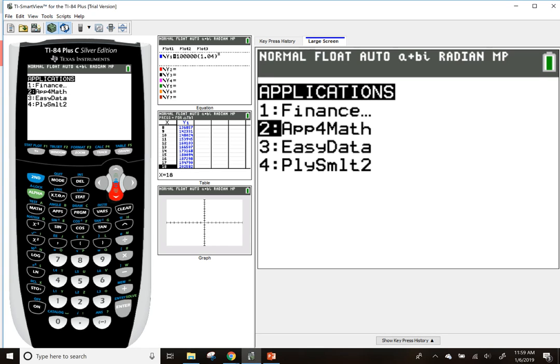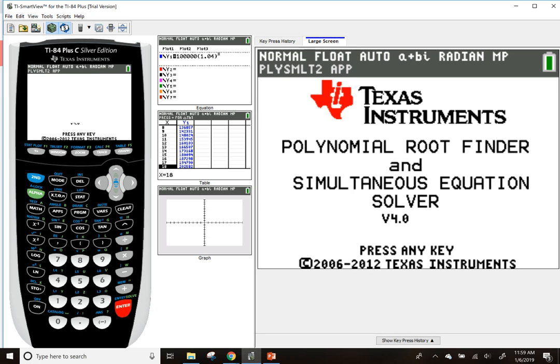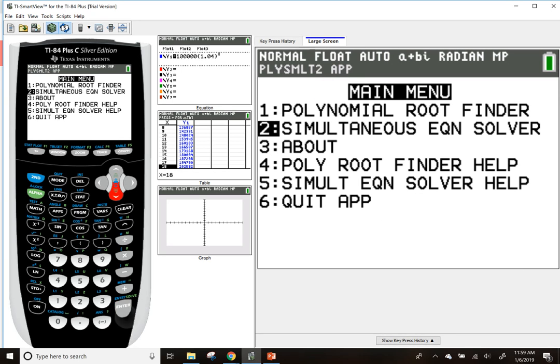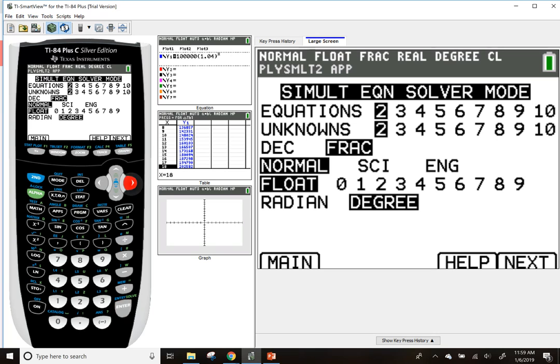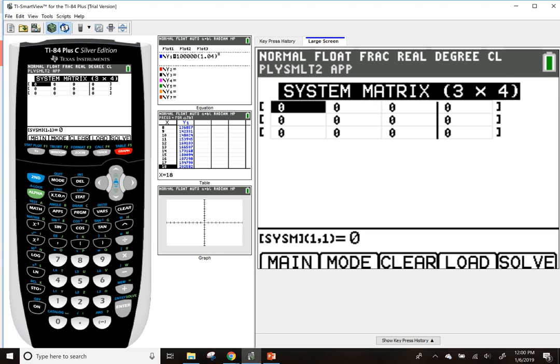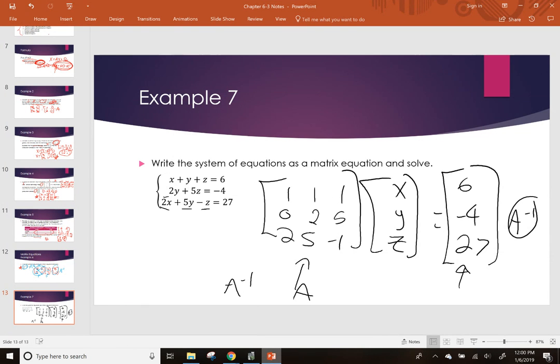That same exact system should work the old-fashioned way. I want to do this just to check, just to prove a point. But yeah, you can probably fast forward and get there for me, but it's all good. 1, 1, 1 equals 6. 0, is it 5, 2 or 2, 5? 2, 5.